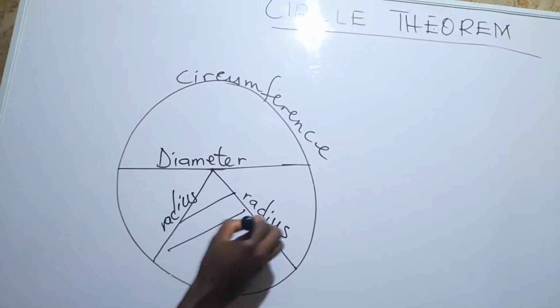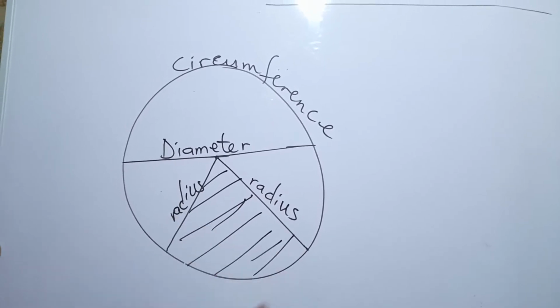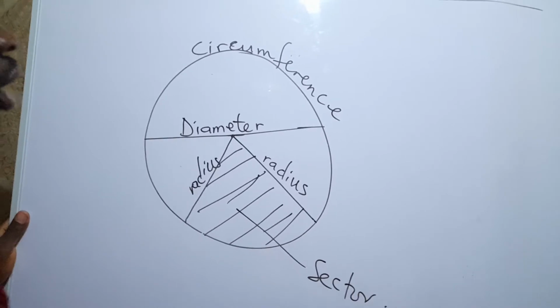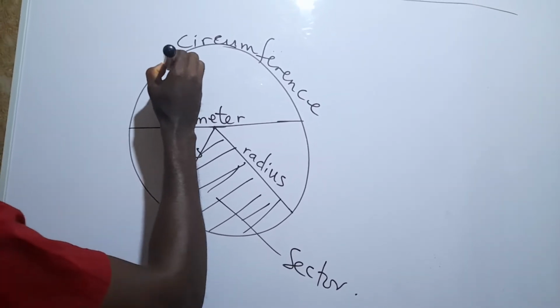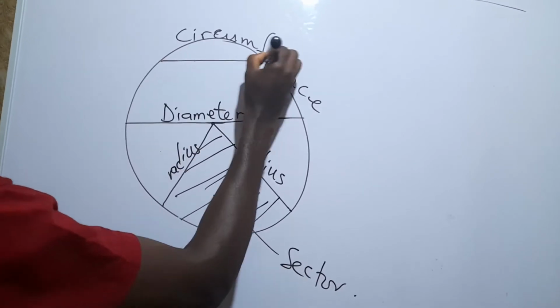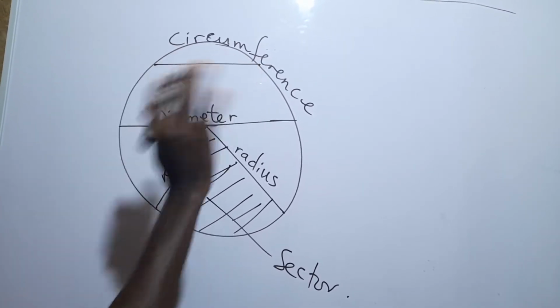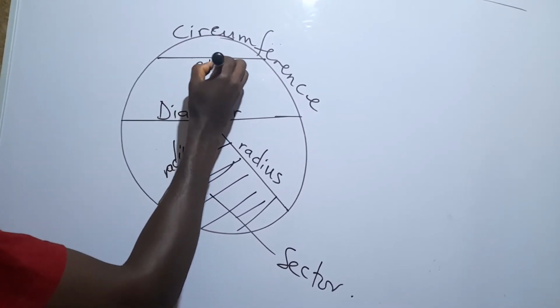Now the area enclosed by 2 radii is called sector. It's very necessary. Now, any line drawn to join 2 points on the circumference of a circle, but does not cut the circle, that line is called chord.